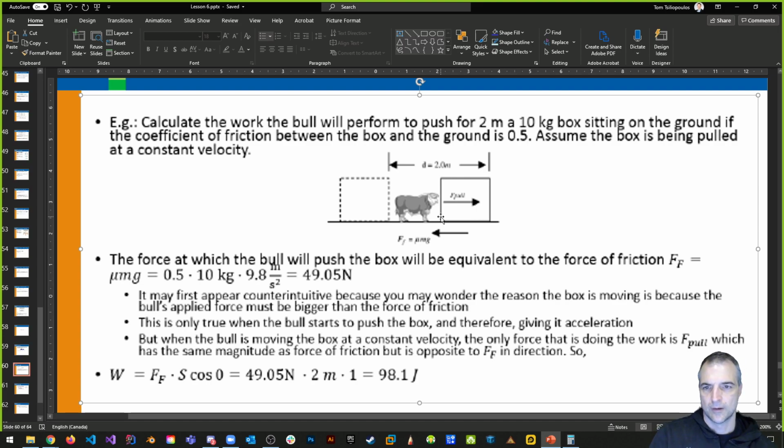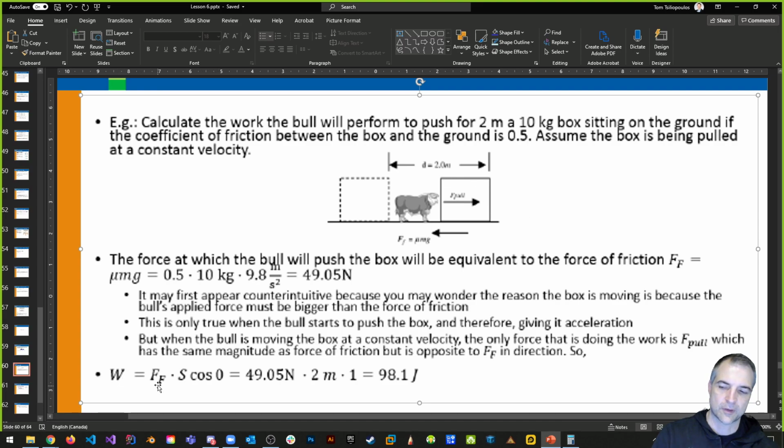We have the displacement being 2 meters. These are the things we know: we have a 10 kilogram box sitting on the ground, and what we want to calculate is the work. Well, what is the angle? The ground is straight, so we haven't been given an angle.